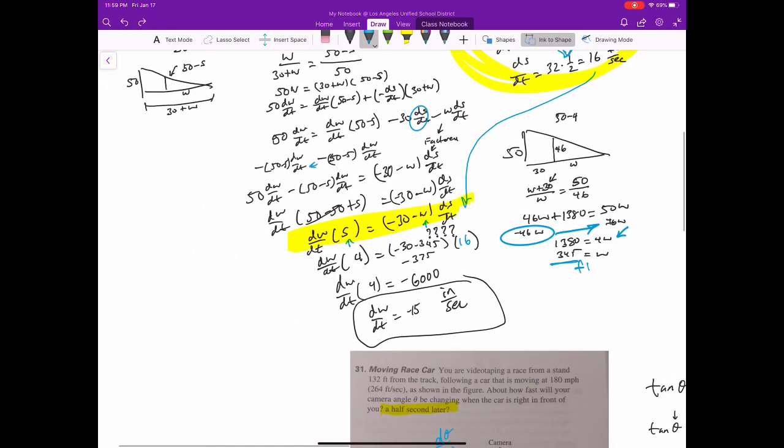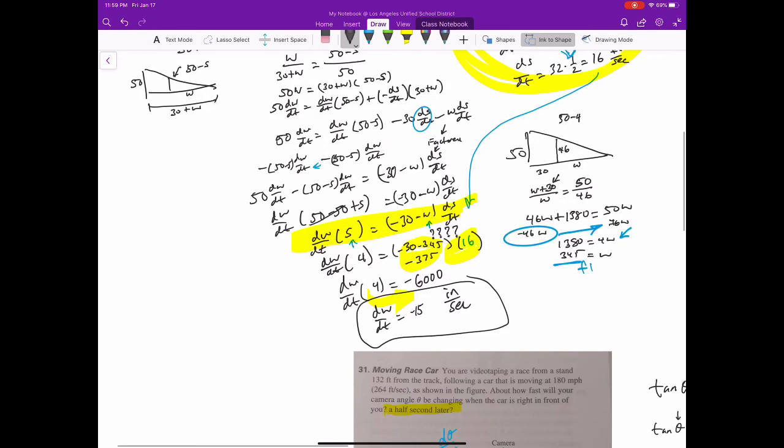Now we have pretty much everything we need. I proceed to say negative 30 minus 345 is negative 375. I multiply that by 16 here, which gives me negative 6,000, and we're going to go ahead and move over the 4. 6,000 divided by 4 is 1500.